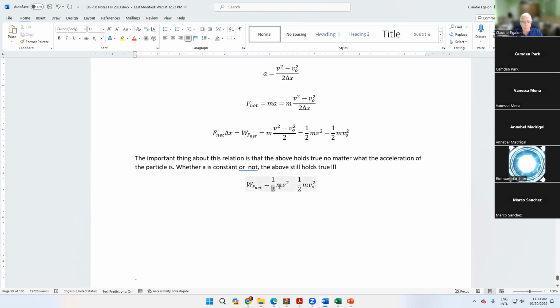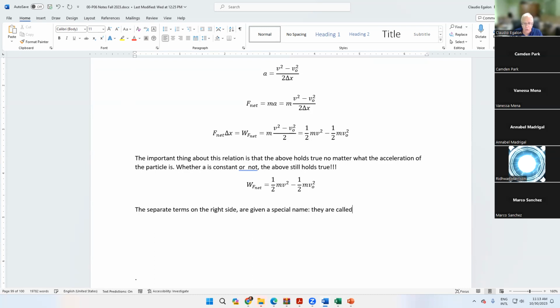Those terms here on the right side, one half m v squared, we give them a name. The separate terms on the right side are given a special name.